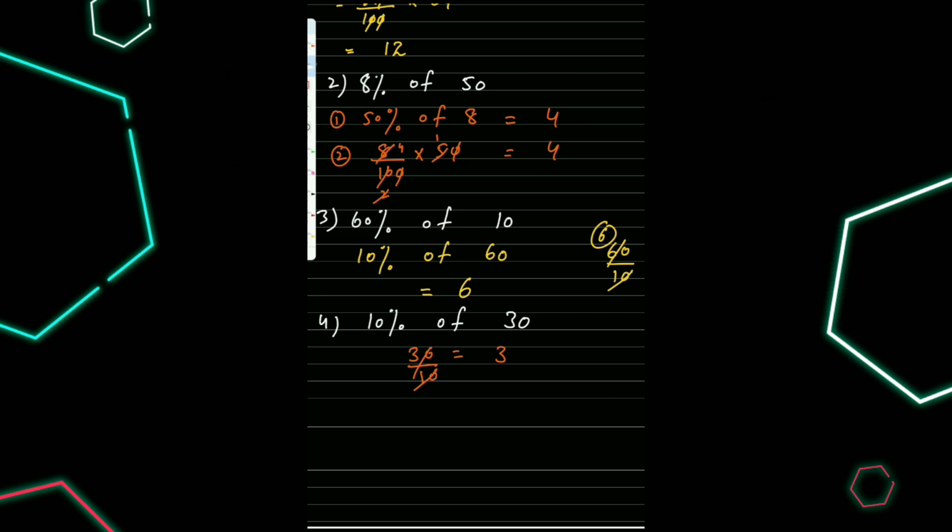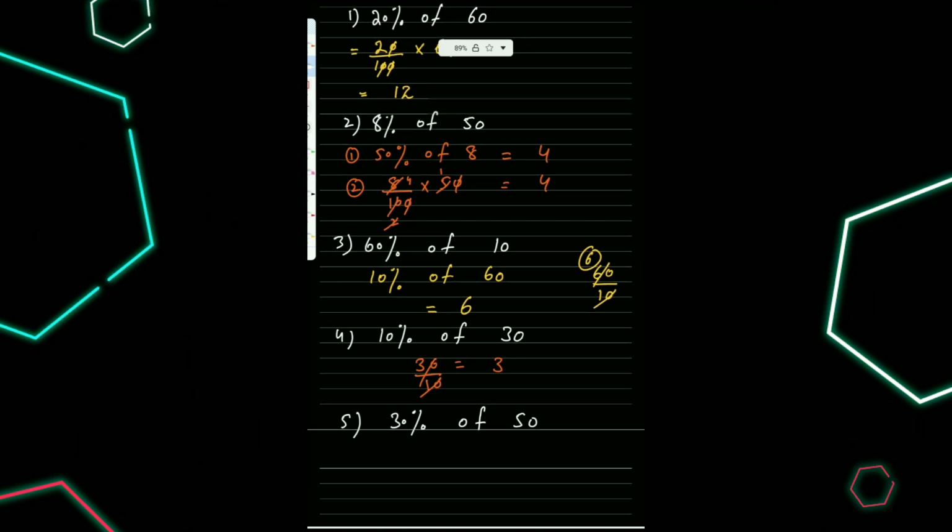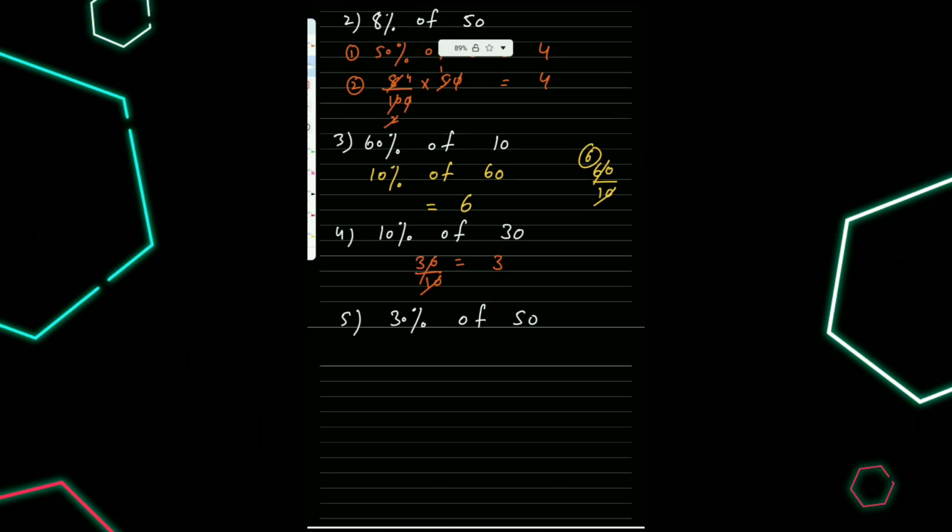Okay, next question. If I write 30% of 50, again 50 is involved in this question. So what I will do, I will flip the values to 50% of 30, and I know what the 50% of 30 is. 50% of 30 is 15.